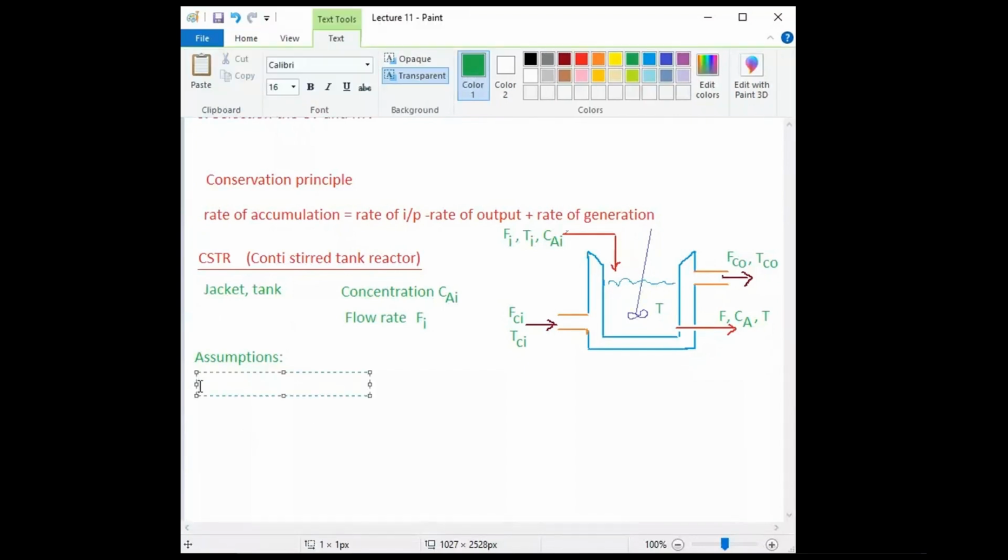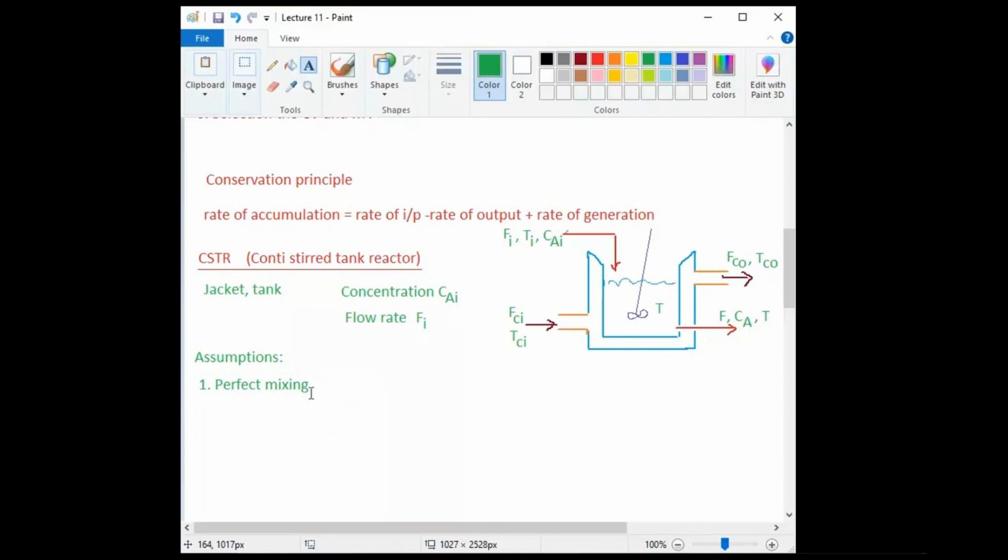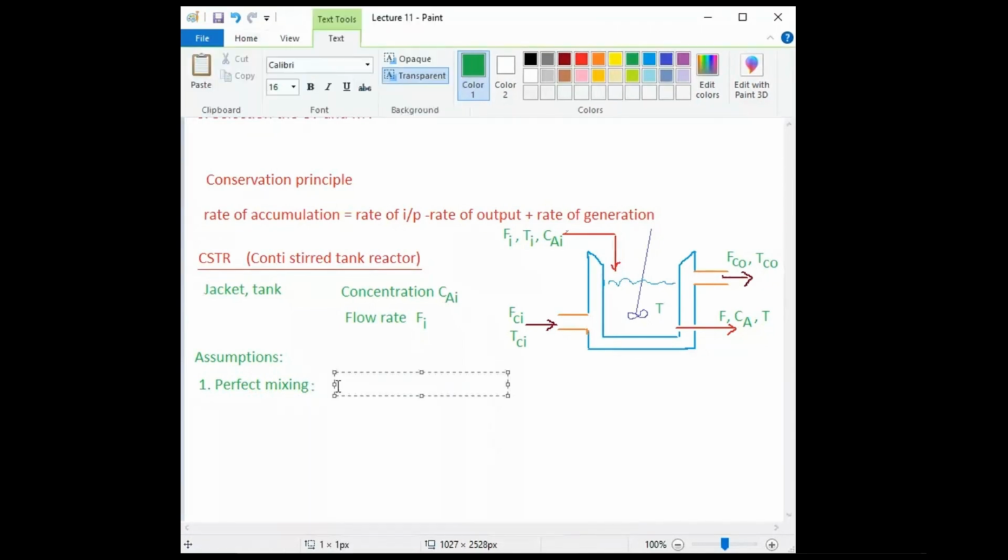So the first assumption we are taking is that there is perfect mixing in the tank because we have a stirrer here. So T is the temperature inside the CSTR, and this is equal to the outlet temperature.